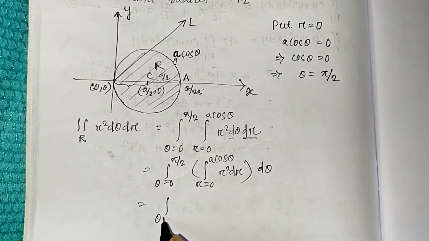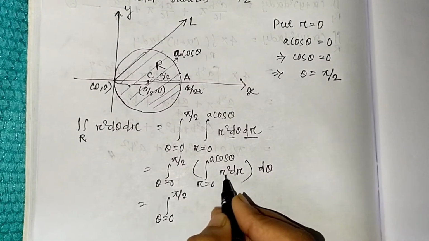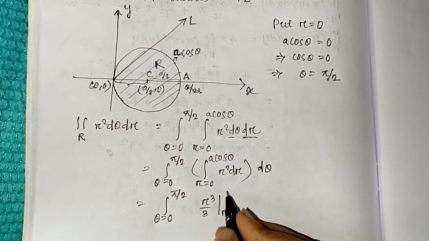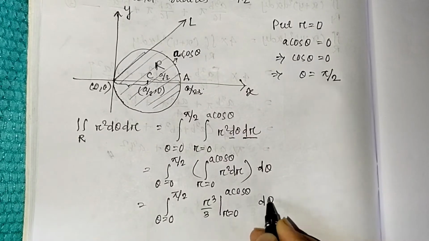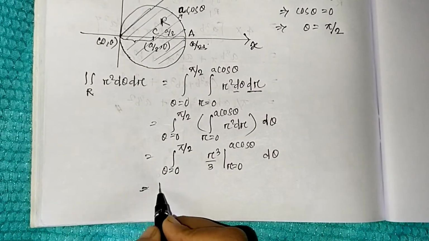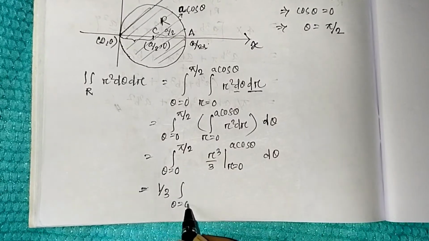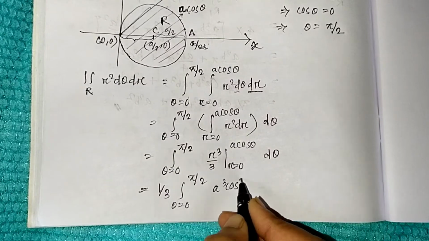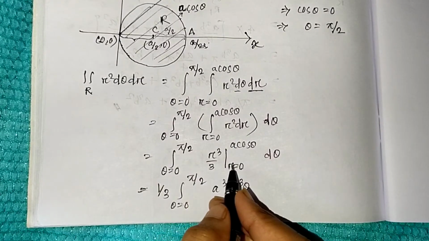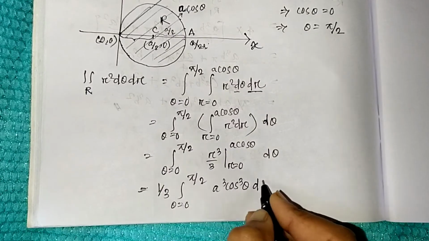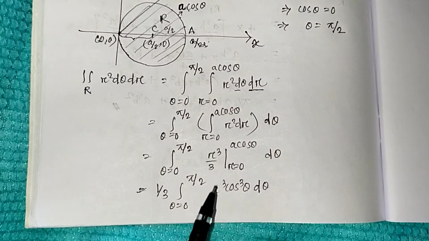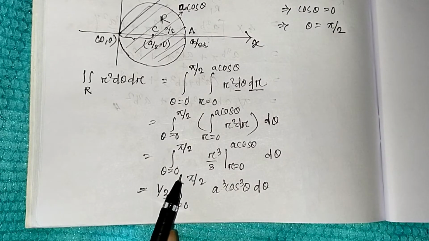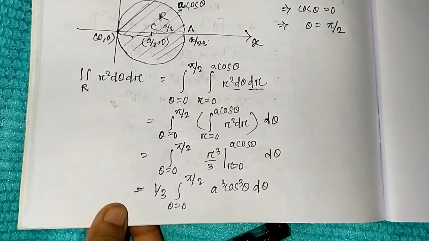That is theta from 0 to pi by 2, r cube by 3 with limits from 0 to a cos theta, d theta. We take 1 by 3 outside. So r cube gives a cube cos cube theta, and when r equal to 0 the value vanishes. Then a cube goes outside: a cube by 3, integration from 0 to pi by 2 of cos cube theta d theta.